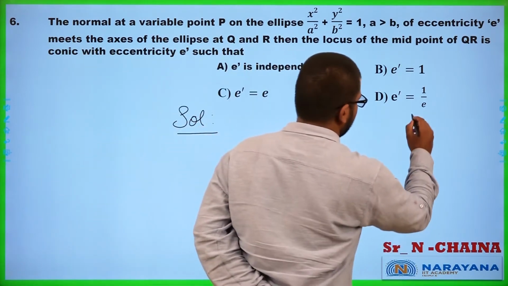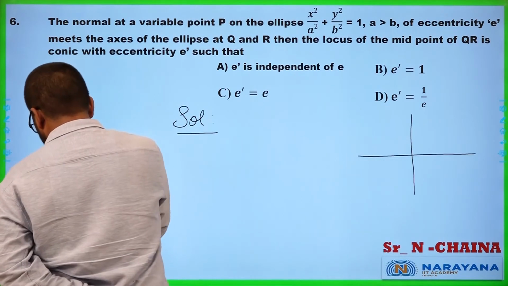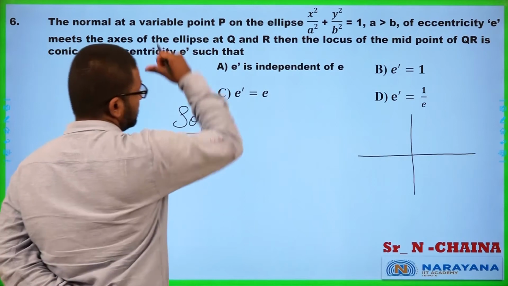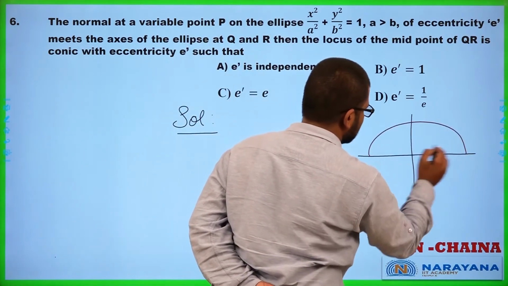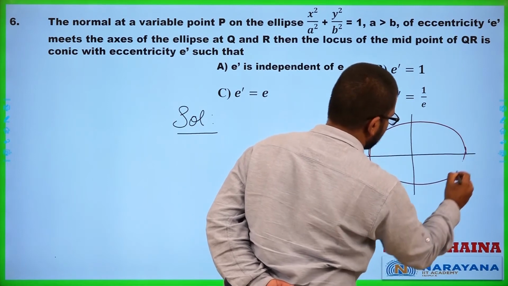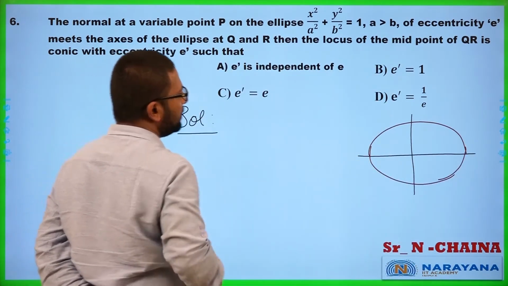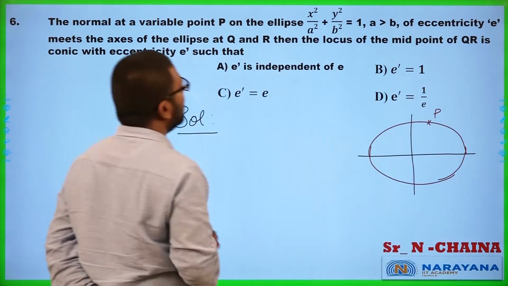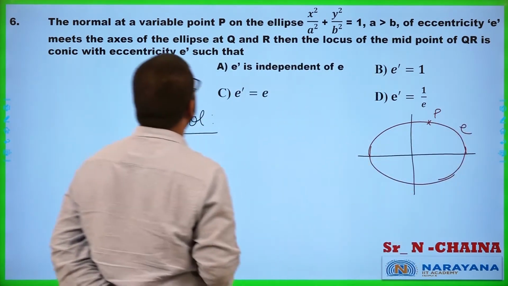Alright? So we have an ellipse. We are going to assume a standard ellipse for our convenience. In the question itself it is mentioned a standard ellipse, and a normal at a variable point P. So once again, let us just mark P. Eccentricity is given E, right?